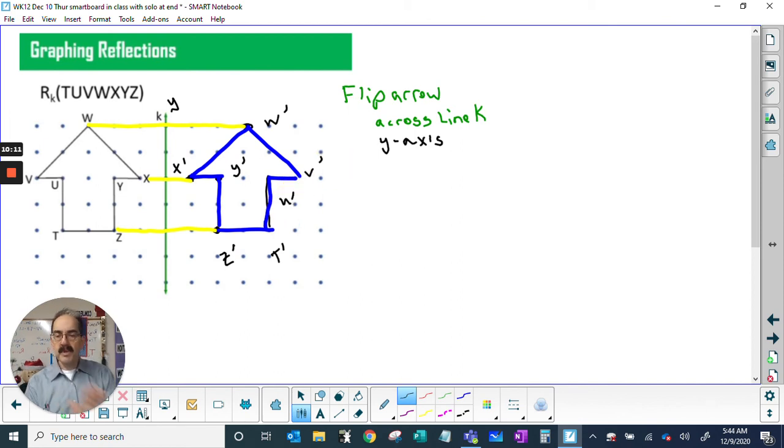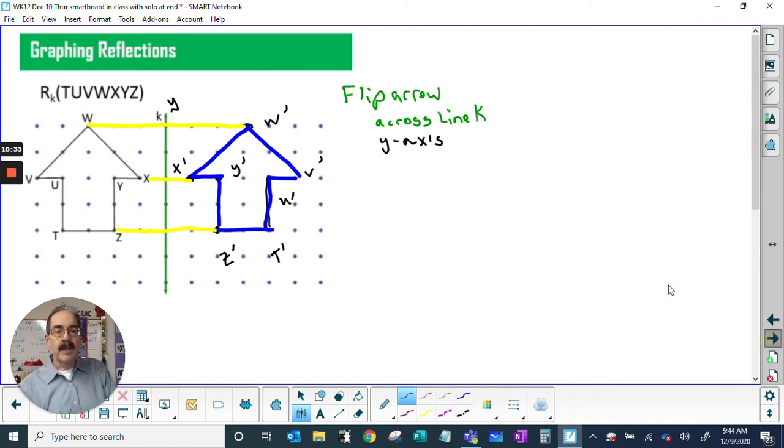So what did we do? We reflected across line K each vertice. We flip the arrow across line K or the y-axis. Okay? All right, that's a reflection. So the key is being able to read the notation and then follow it.